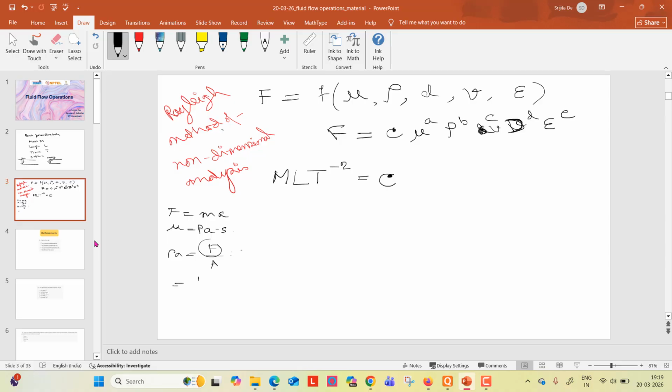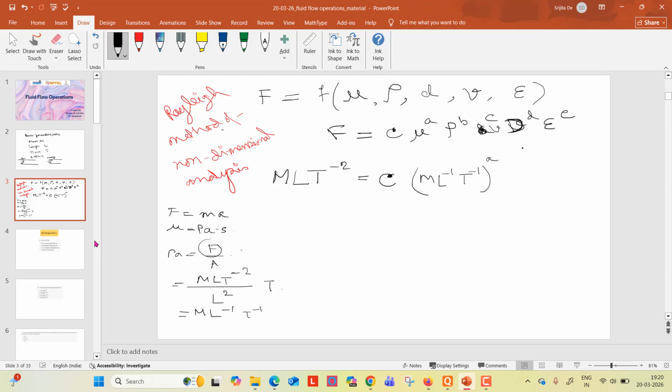So it is M L T to the power minus 2 by L square into T. It comes out as M L to the power minus 1 T to the power minus 1, all to the power a. We are representing each of them in terms of basic parameters to get the non-dimensional number.